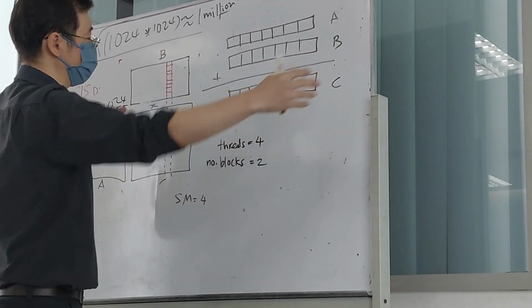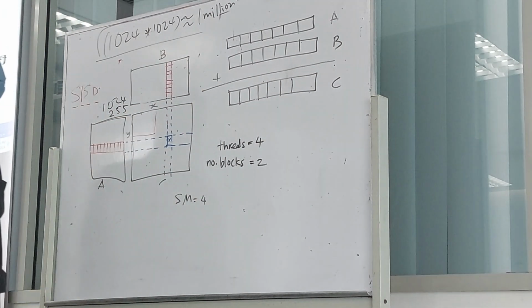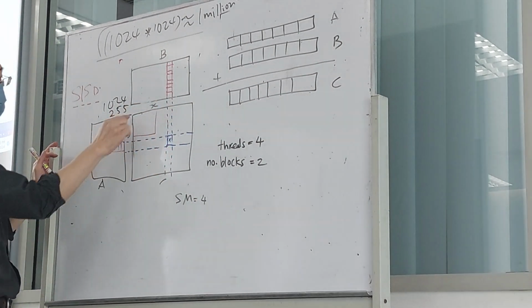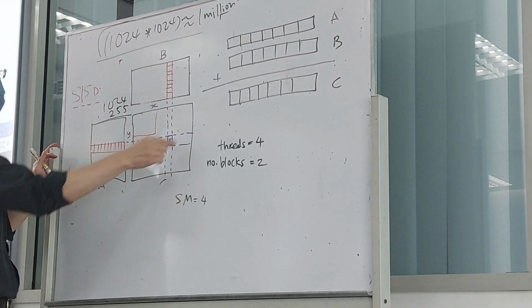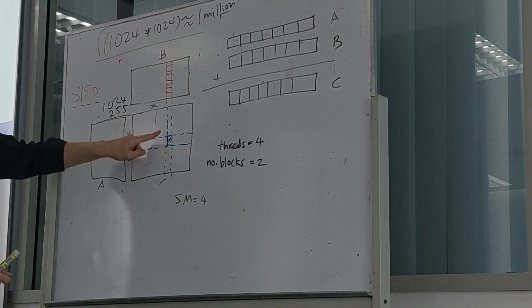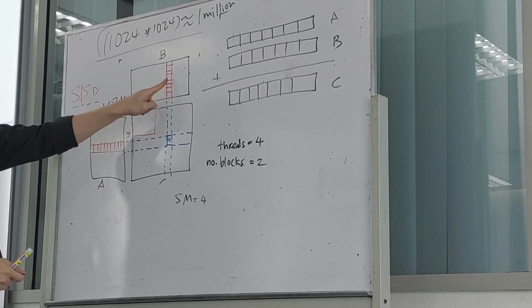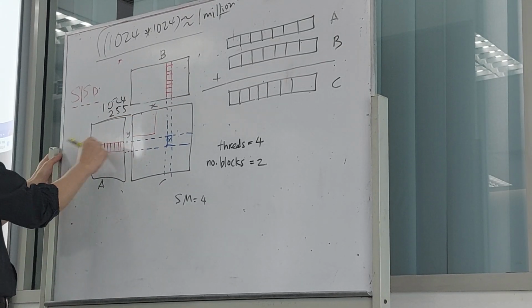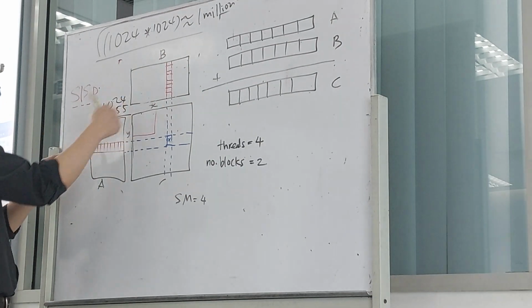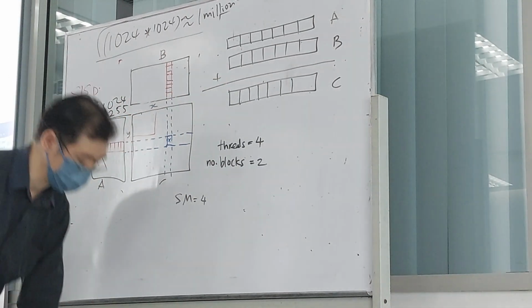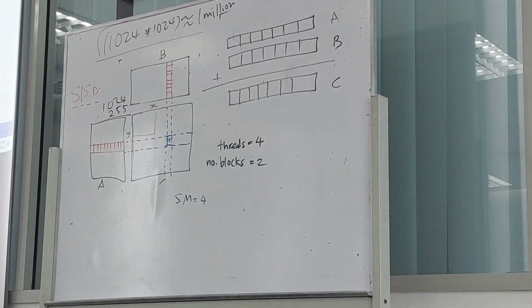So it's one big size of threads, but it's organized in this way. And therefore, you need to find out which thread is actually executing which row and which column, and then you multiply.